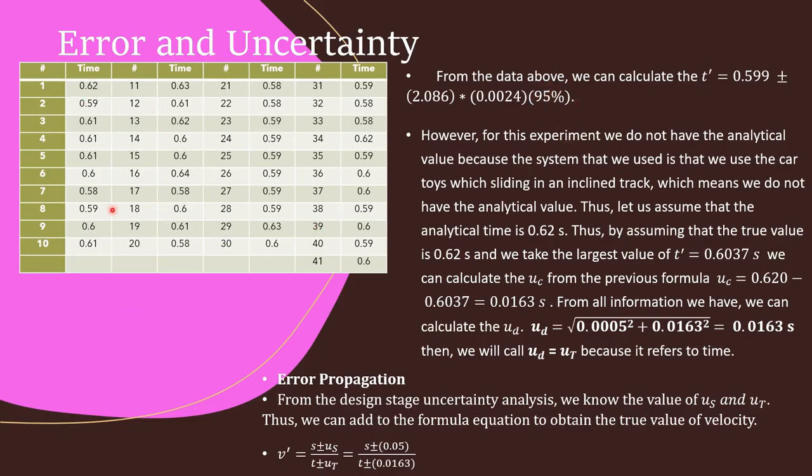I have already conducted the experiment, and here is my time data, and we put it into the formula, and we got the error for the time, which is 0.0163 second, and put it into the formula, and we have the error propagation, which is this one, the one below.